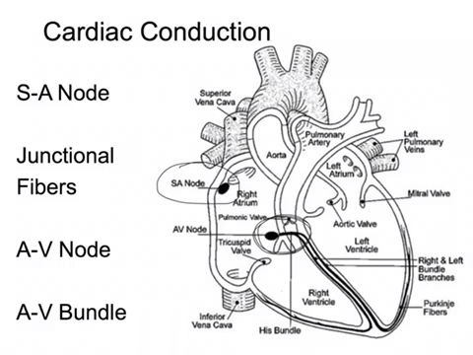And then we have this AV bundle, which is kind of in the middle here. They all play a major role in the electrical activity of the heart. So not so much the functionality like valves opening and closing, but the big electrical component of the heart is run by these things.